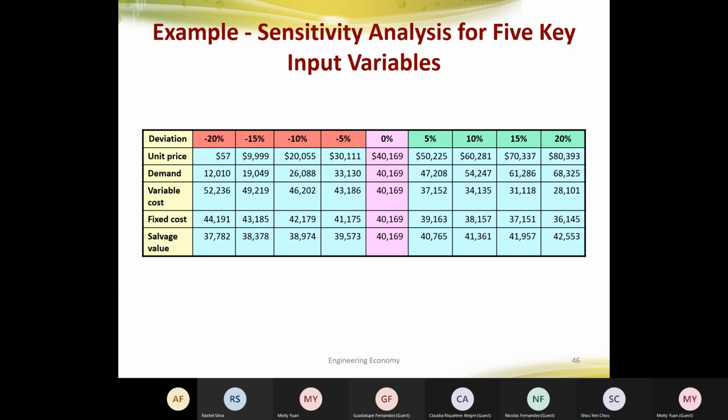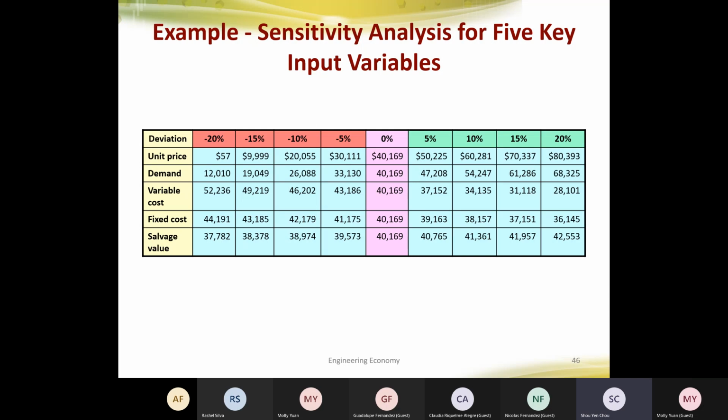So assuming that it's the original value, we can get this net present worth. If it's 5% lower, 10%, 15%, when it's 20% lower, then we could be losing money already. So the unit price is quite sensitive.